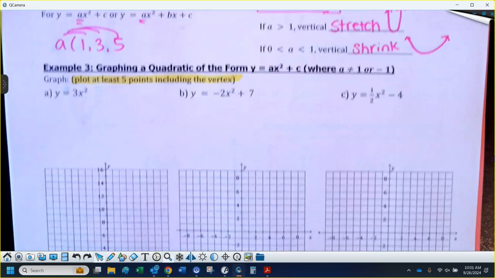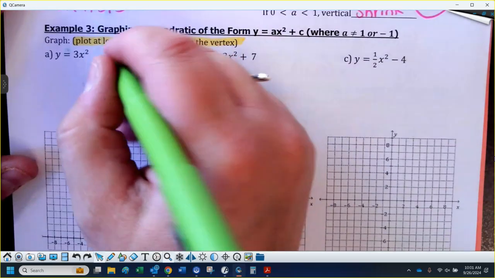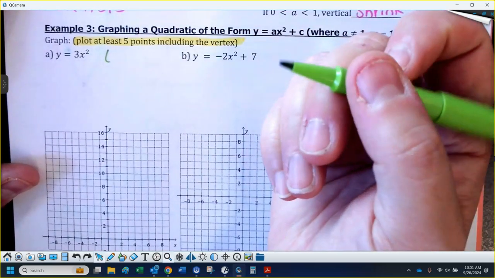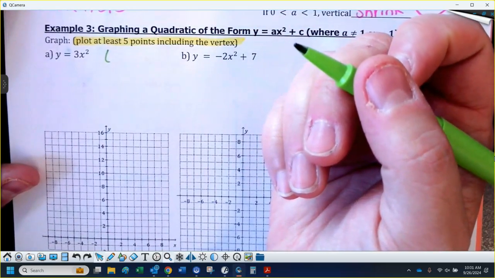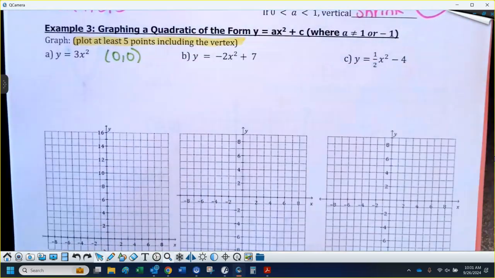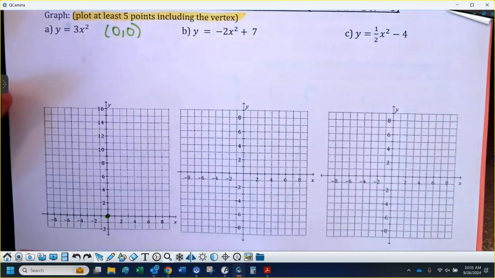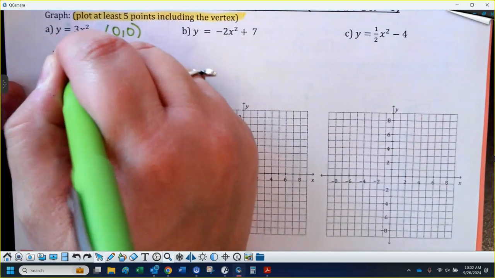So we're going to try this one, and this one is y equals 3x squared. Does anybody know what the vertex would be if I have 3x squared? Ethan, we think? Yes, 0, 0. We're not shifting left, right, up, down. This would just start at the origin. Okay, I'm kind of far to the bottom. Now, here's what you do. Your a value is 3.